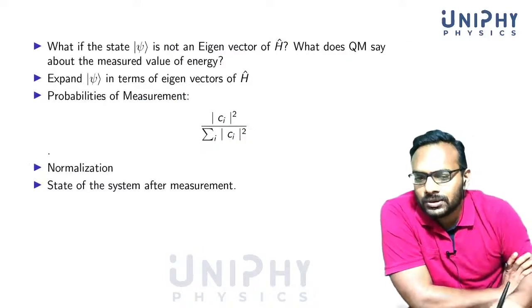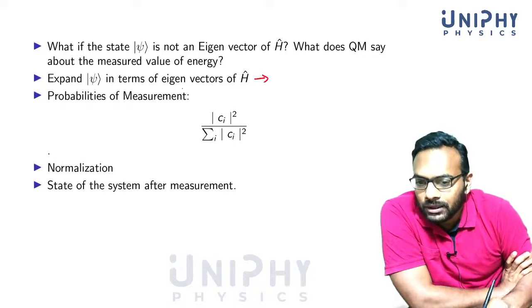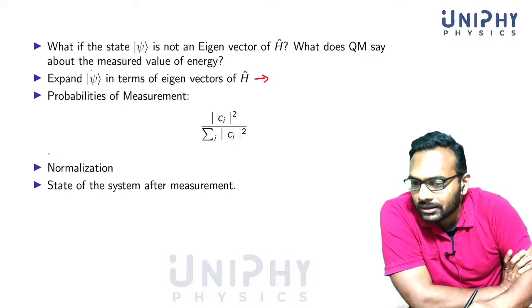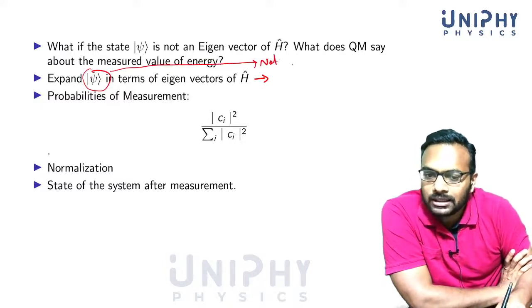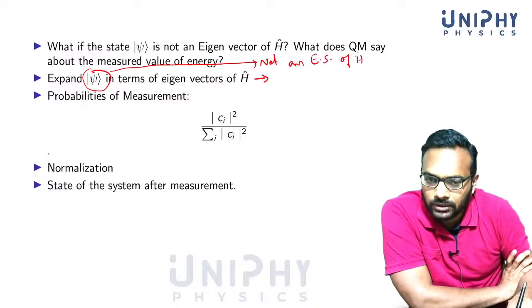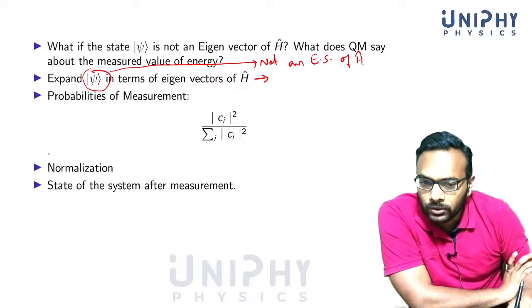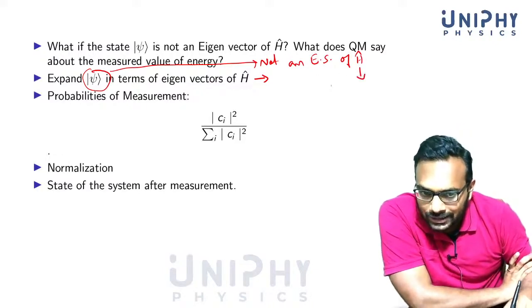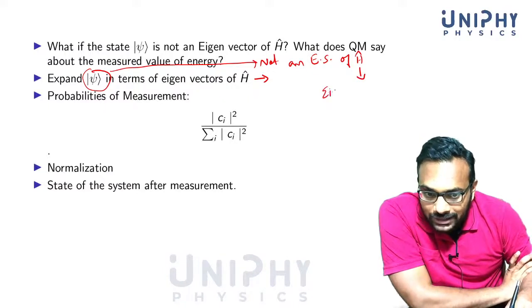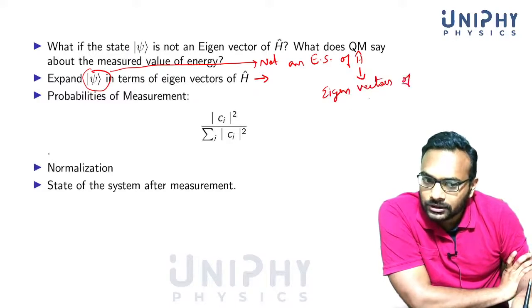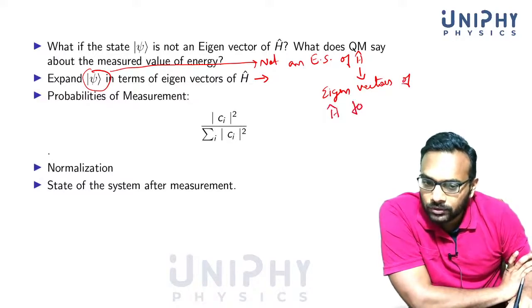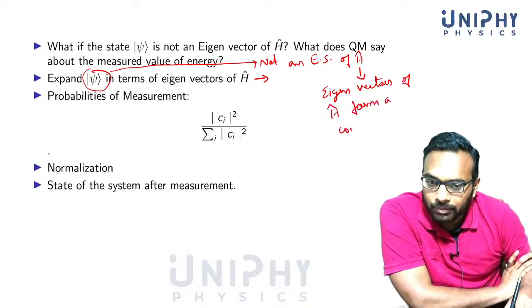Okay. So to see this, now here psi is not an eigenstate or eigenvector of the Hamiltonian. Now we use the idea that the eigenvectors of H cap form a complete set.